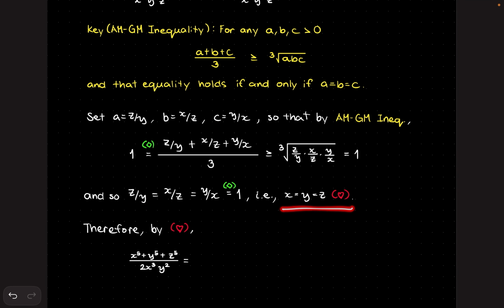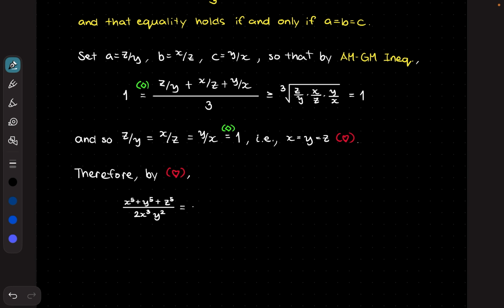If we apply this one, then we can replace every y and z with just x. So we will be left with x raised to 5 plus x raised to 5 plus x raised to 5, all over 2x cubed times x squared.